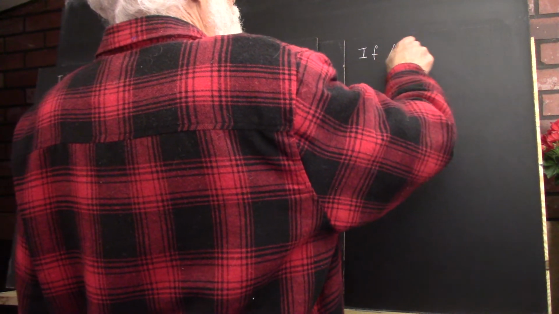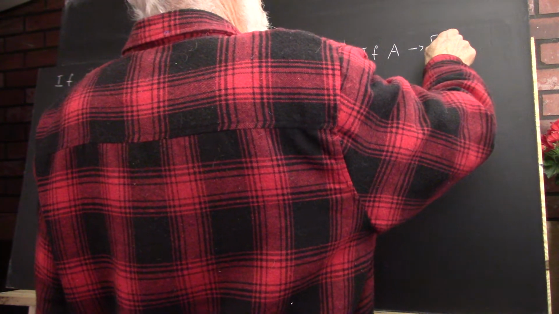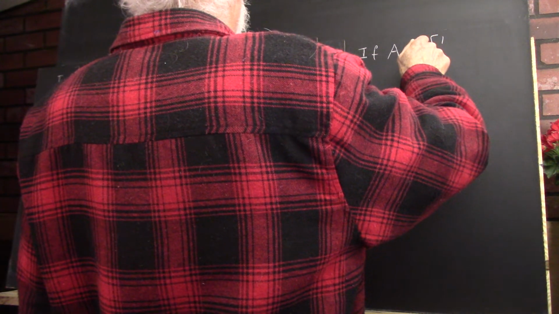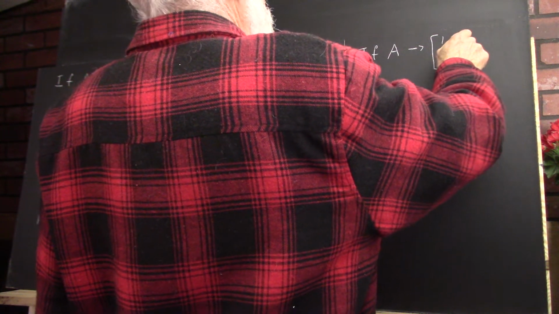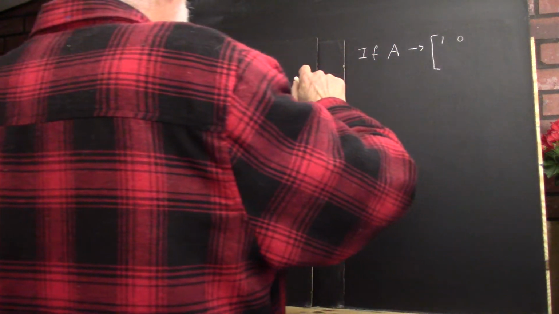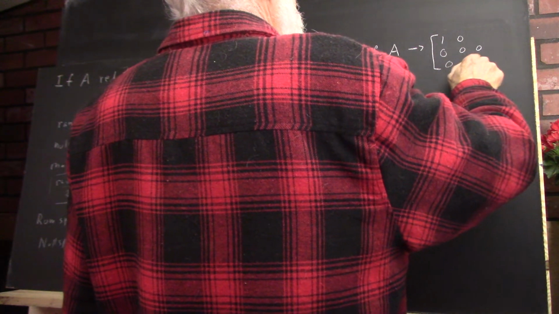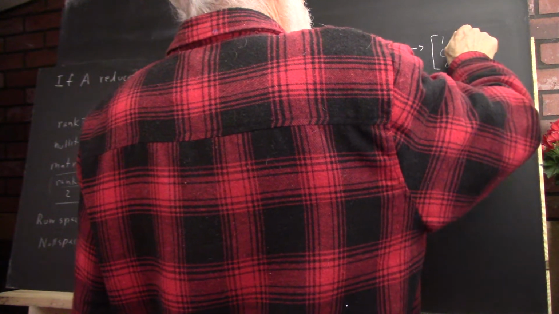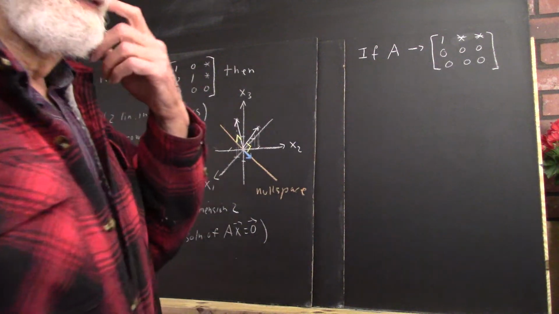If A reduces to it actually could be 1 asterisk asterisk.